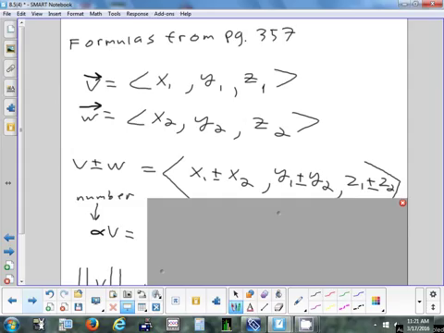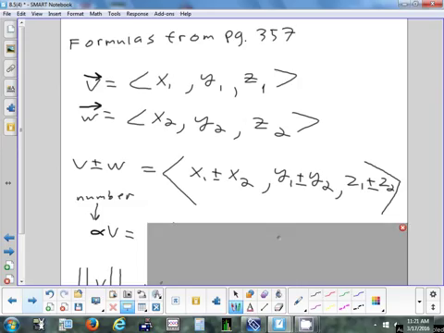Well, now we just have one more component to combine. We have to combine the z's. If you're adding, then you add the x's, you add the y's, and you add the z's. If you're subtracting, then you subtract the x's, subtract the y's, subtract the z's. Okay, and just use the same formula.